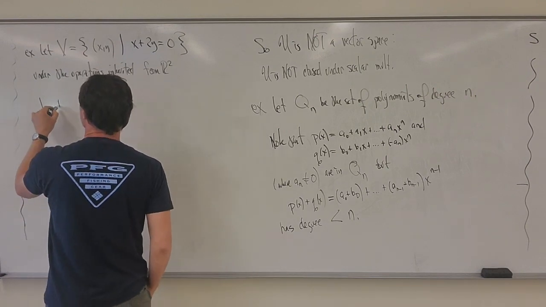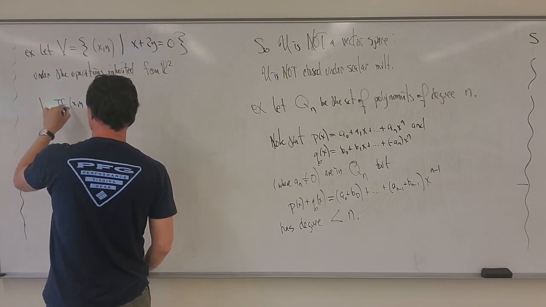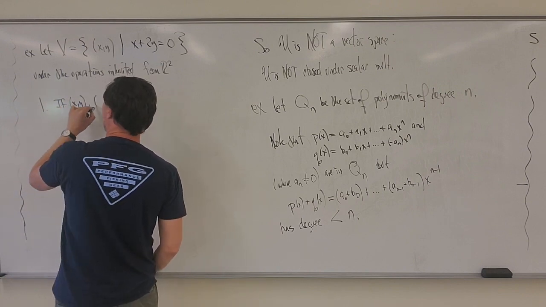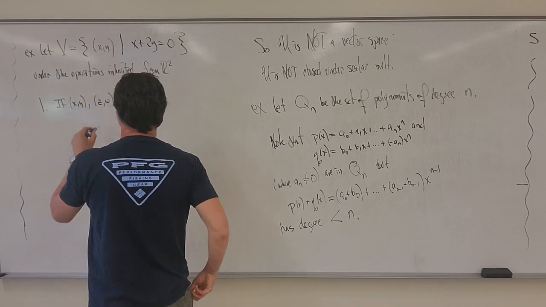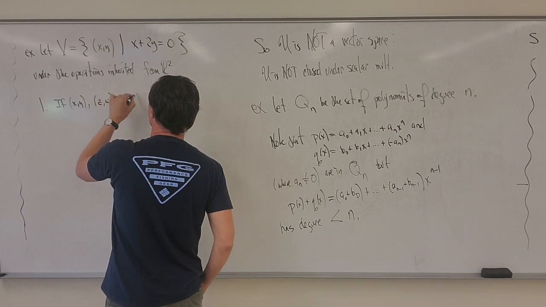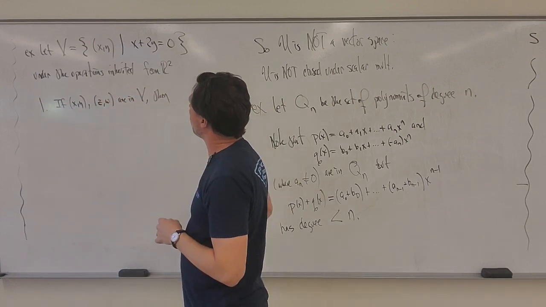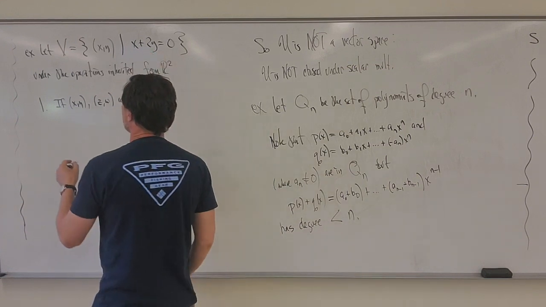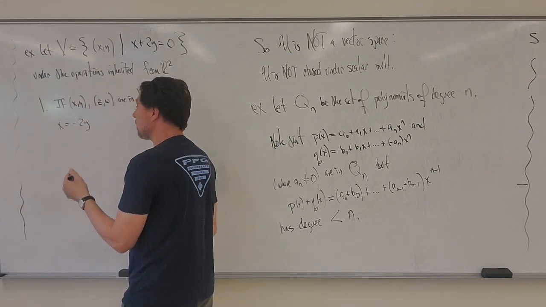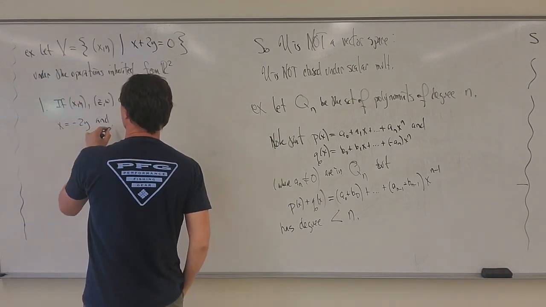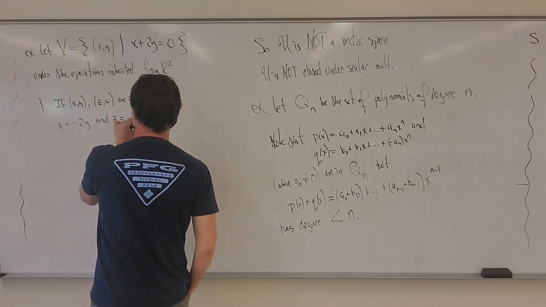So if (x, y) and (z, w) are in V, then let's see. Well, x and y satisfy this equation, which means that x equals negative 2y. Same thing with z and w, so z is equal to negative 2w.